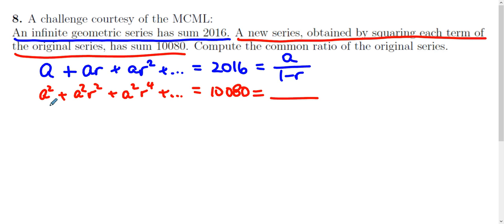Well, this is itself a geometric series, where the first term is a squared, and the common ratio is r squared, right? So, what does this do for us? Well, this tells us that a is 2016 times 1 minus r.